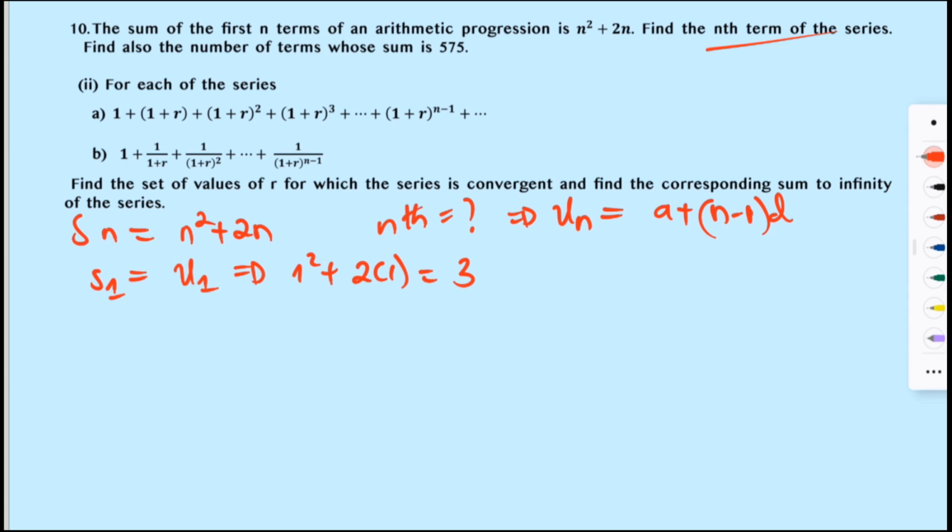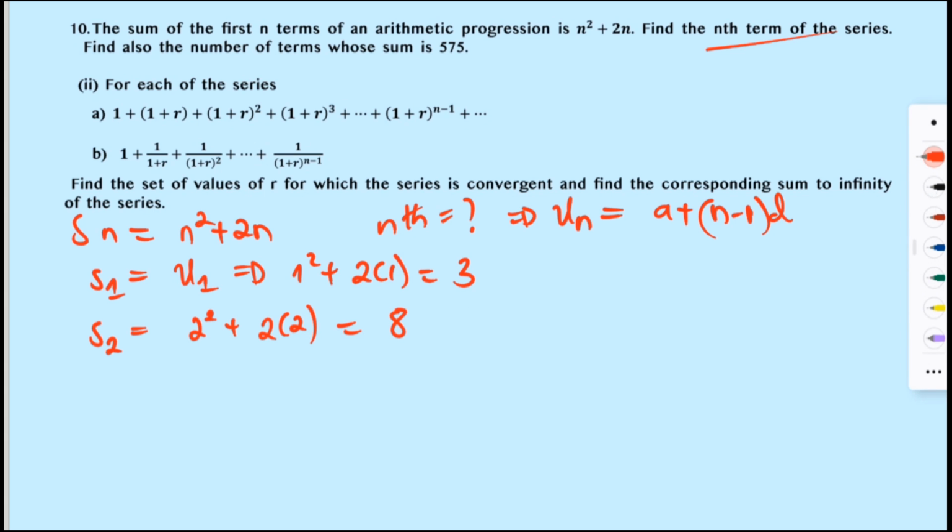Then we have the sum of the first 2 terms, which is 2 squared plus 2 times 2, which is 8.